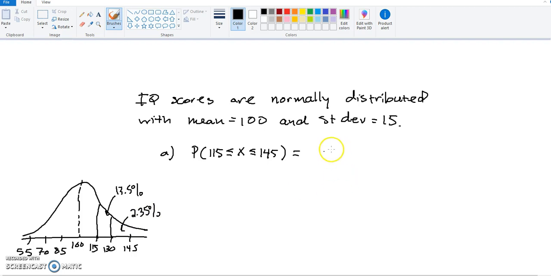So the probability would just be the addition of those, 13.5 plus 2.35, and we come up with 17.85%. That would be your answer.